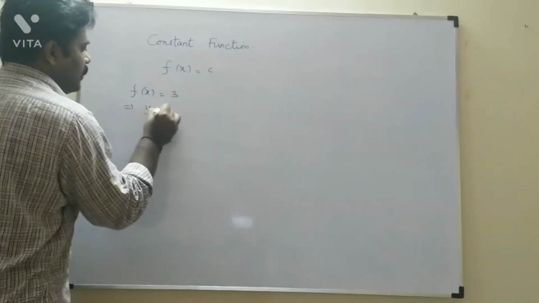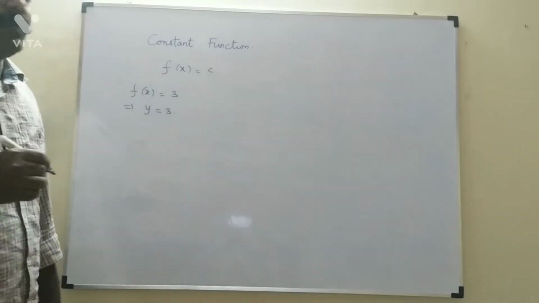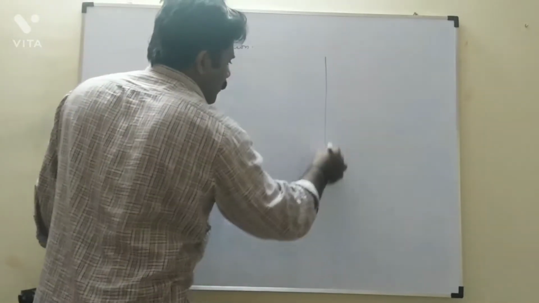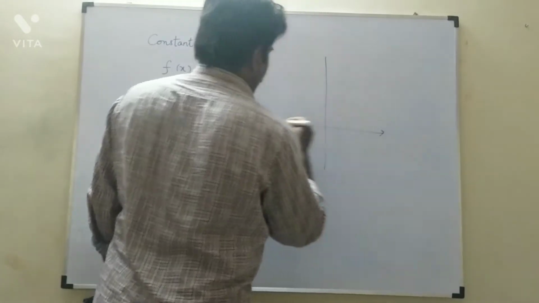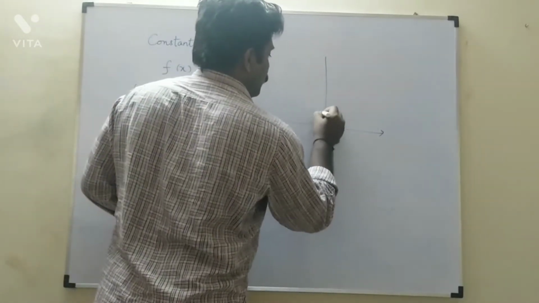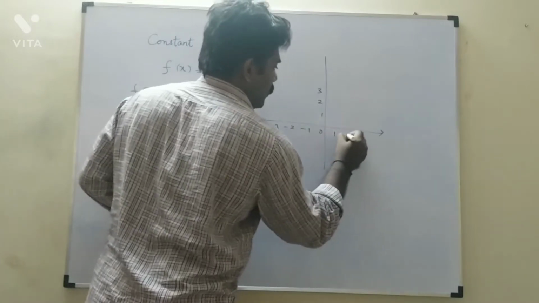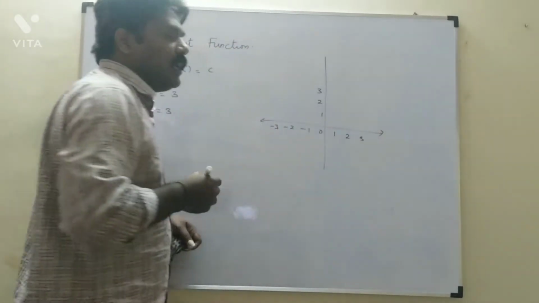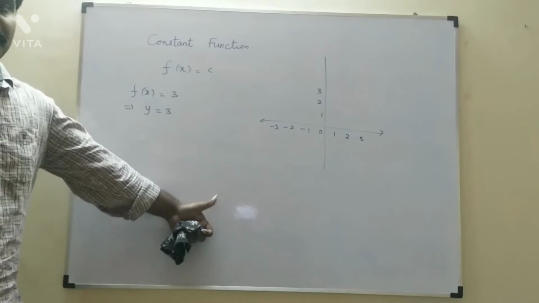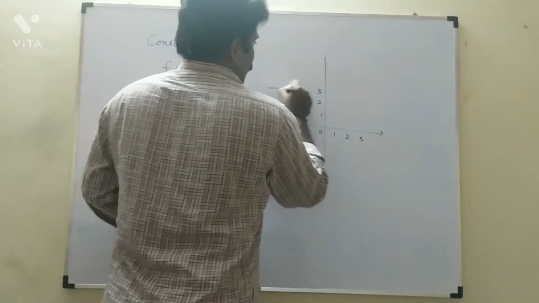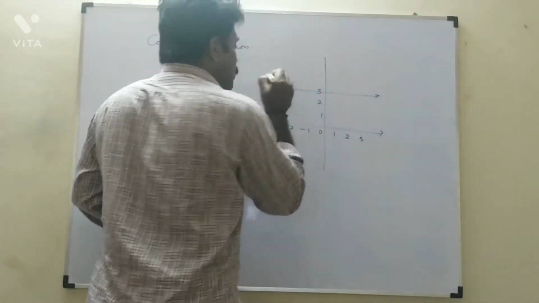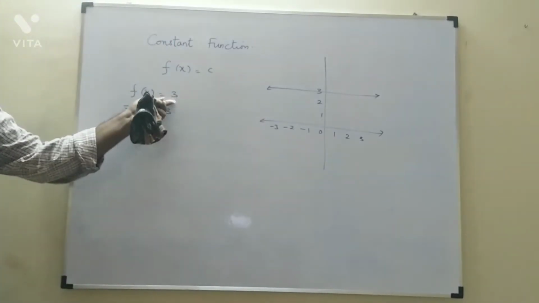That is nothing but y is equal to 3. So the graph of a constant function looks like this. This is 0, 1, 2, 3, minus 1, minus 2, minus 3, 1, 2, 3. So for any given value of x, my output would be the same, that is 3.